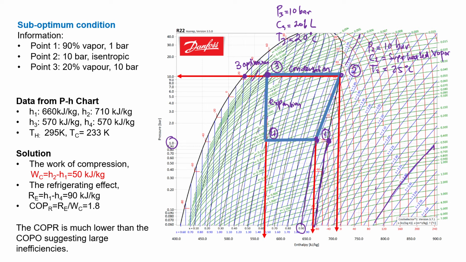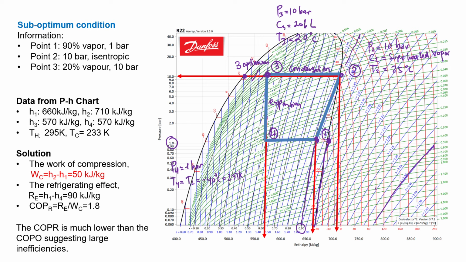Okay, and then what is the condition at 0.4? At 0.4, I'll write here. We have a P4 equal to 1 bar. T4 equal to TL, the same as before, is around minus 40 degrees Celsius, equal to 233 Kelvin.